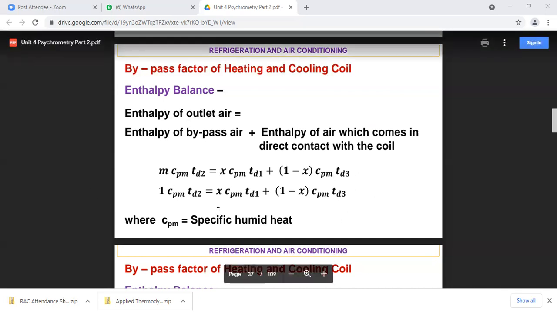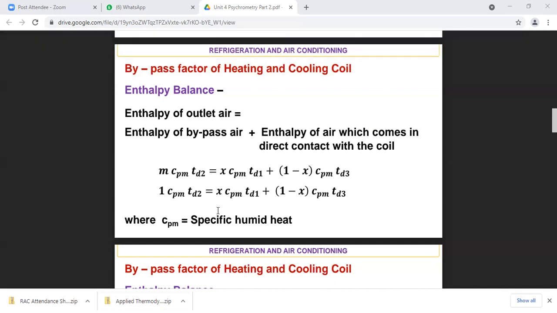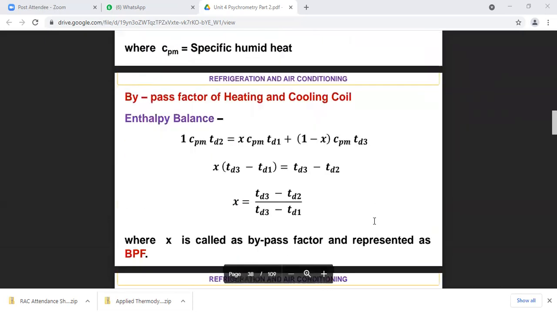So if we consider mass m equal to 1, here we are saying cpm td2 is equal to x into cpm td1 plus 1 minus x cpm td3, where cpm is the specific humid heat. So the energy balance we are getting like this.